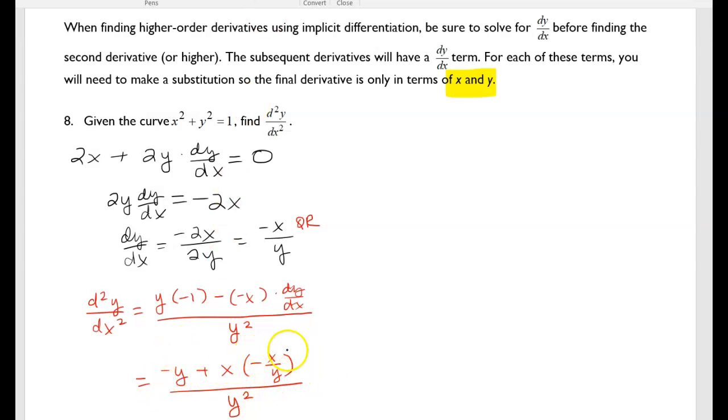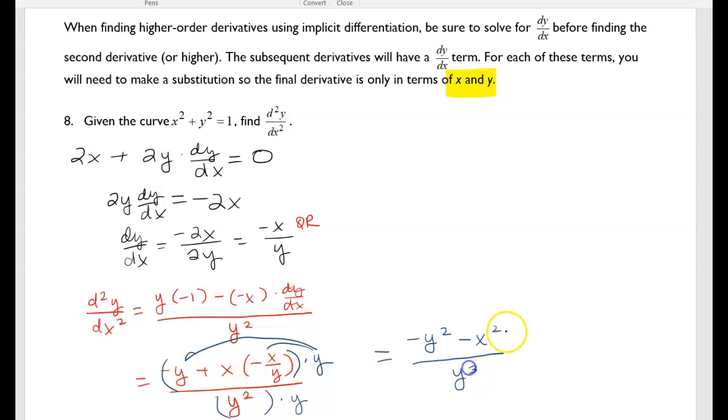To simplify this complex fraction, when I have a fraction within my bigger fraction, I can multiply by the denominator of that fraction times y, but I will also have to do that in the denominator of the big fraction. And so what I would get, make sure you distribute here, -y squared minus x squared. The y's would cancel out here on this term, but not here, all over y cubed. And so that would be my final answer for my second derivative.